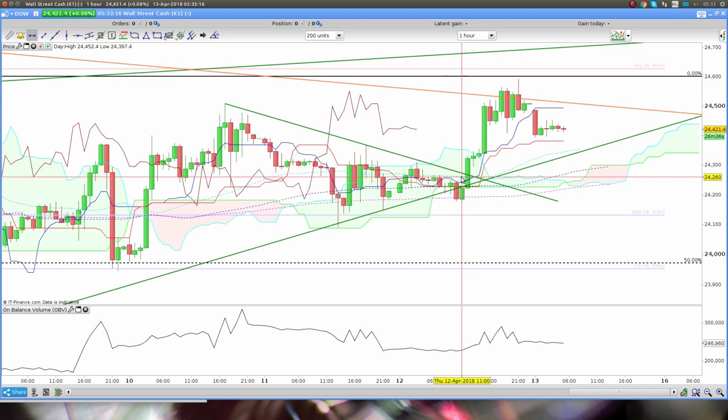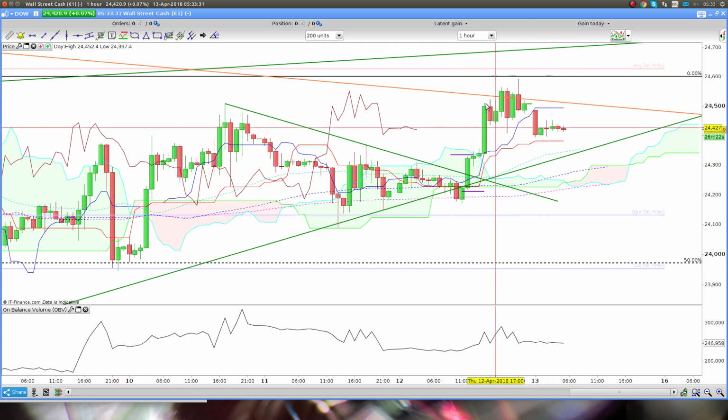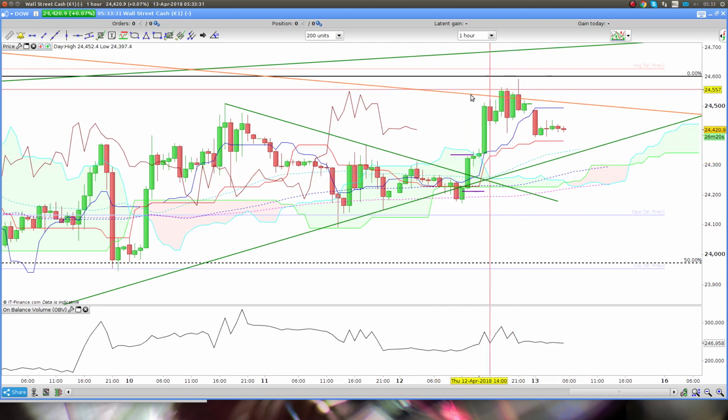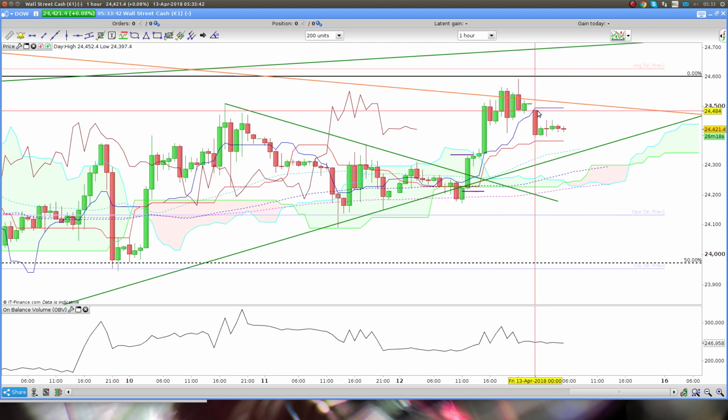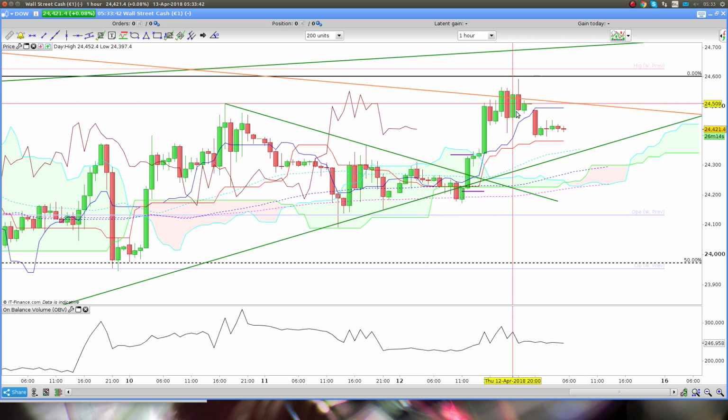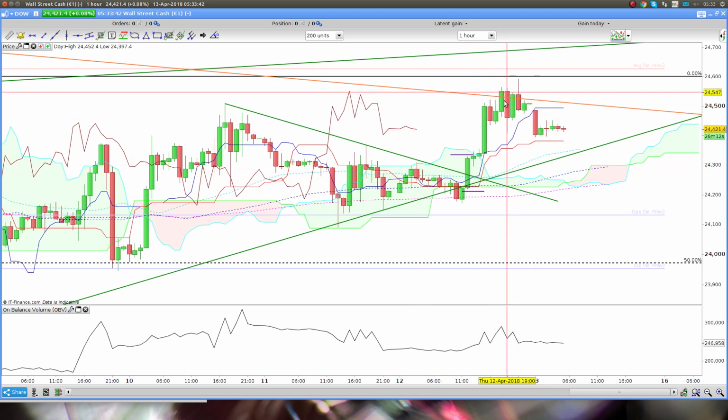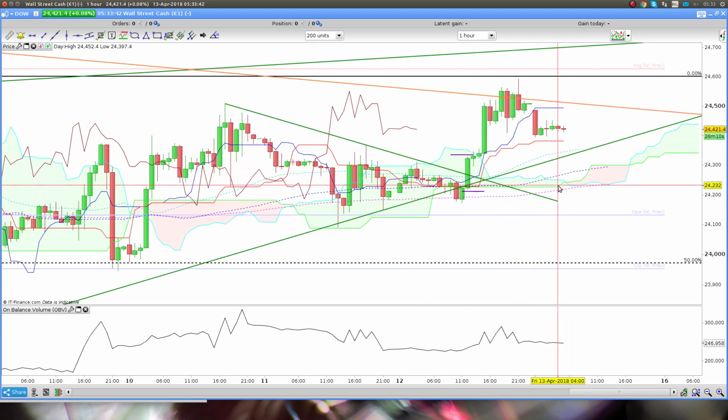The top of this bar here was my entry, and stop loss sitting here below the cloud. Technically I could still be in, but I took profit basically on this trend line here. So that is the one play that played out quite nicely.